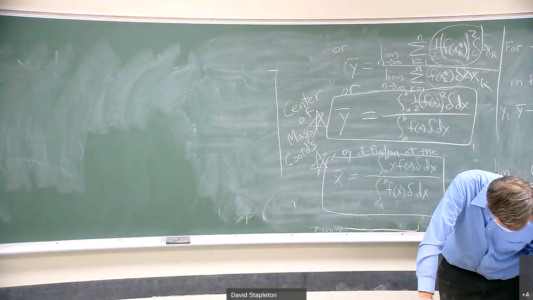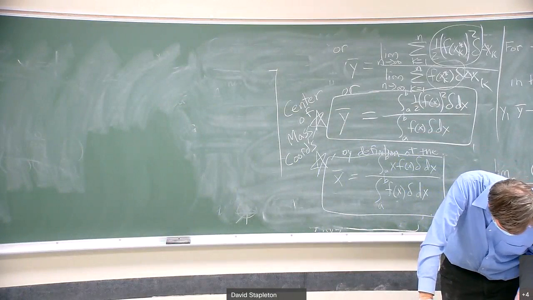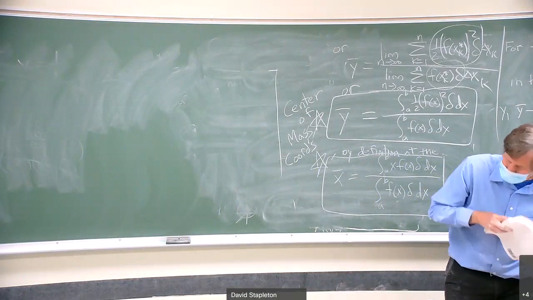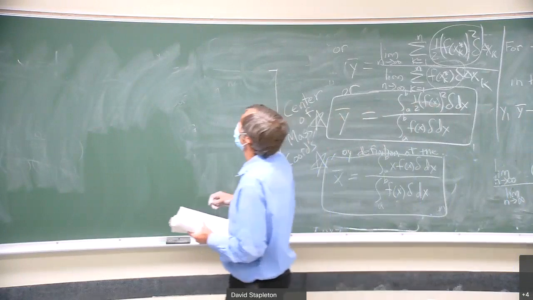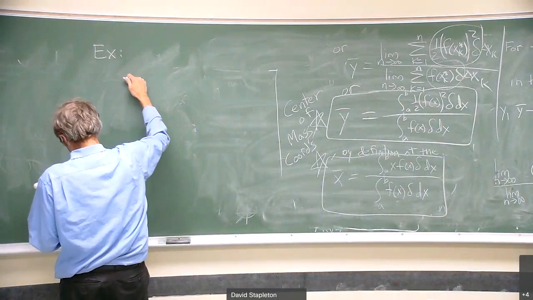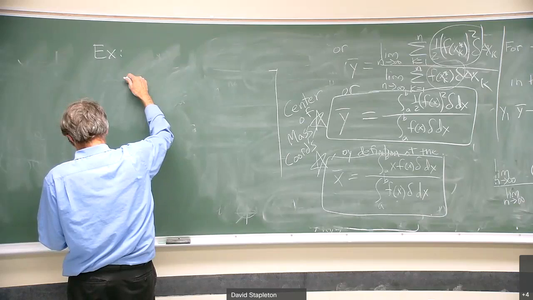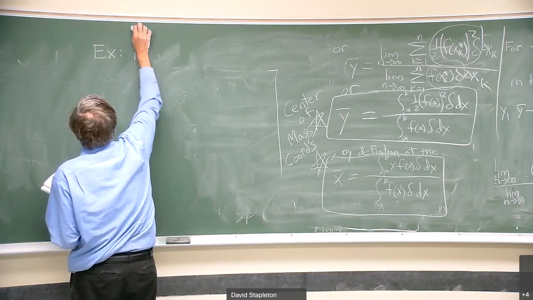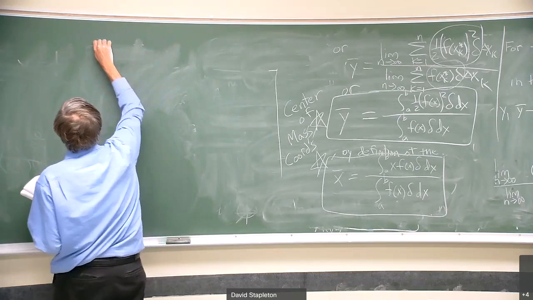Now, let's do this one. Here's the kind of problem you want to be able to do for your homework. Find the center of mass and the mass. I want to make this additional note.